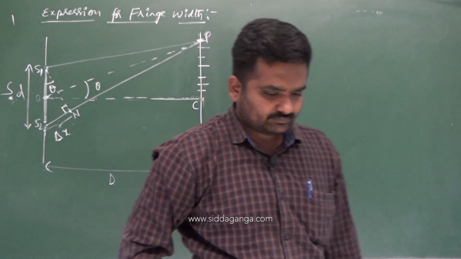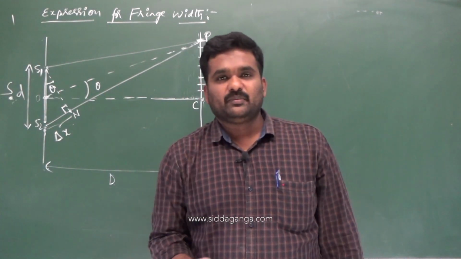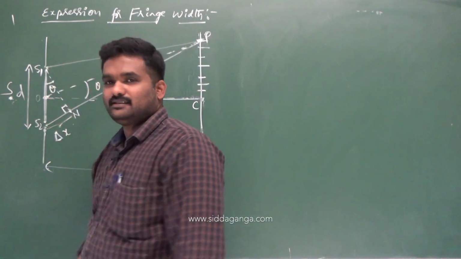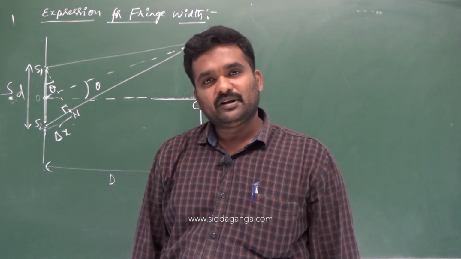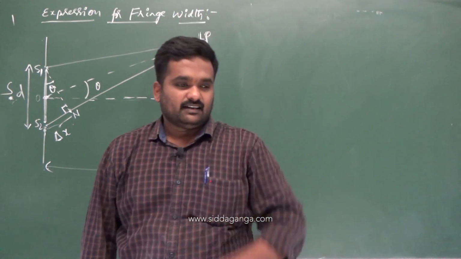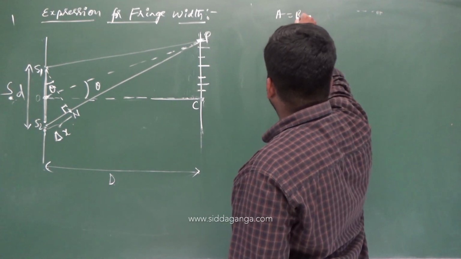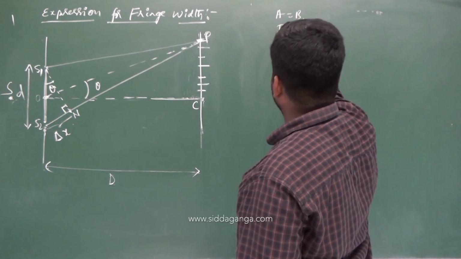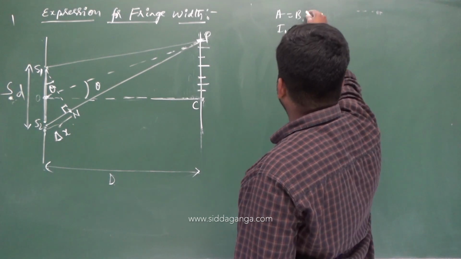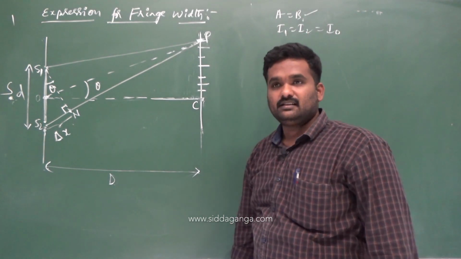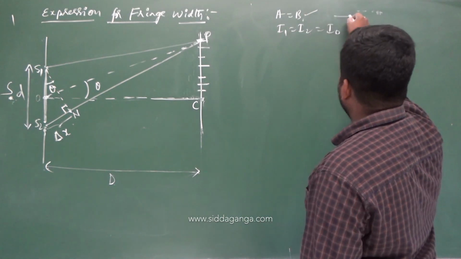What is the maximum intensity we are going to have? For example, both the sources are identical. Identical means the amplitudes are the same as well as the intensities, so A equals B and I1 equals I2. Let us say A equals B equals A, and I1 equals I2 equals I0. What is the maximum resultant amplitude?